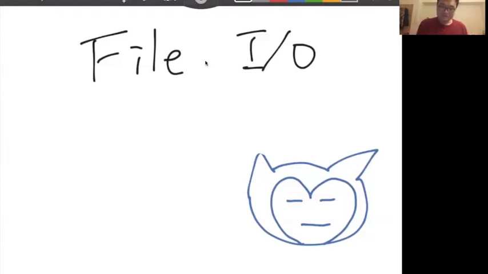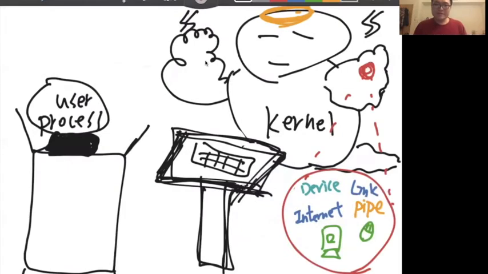Let's start. Okay, so this just shows the idea of your kernel and your user process. After you run a program, for example, your challenge.c, you get this user process. Inside this user process, you can imagine it's just a running program, an instance of your running program.